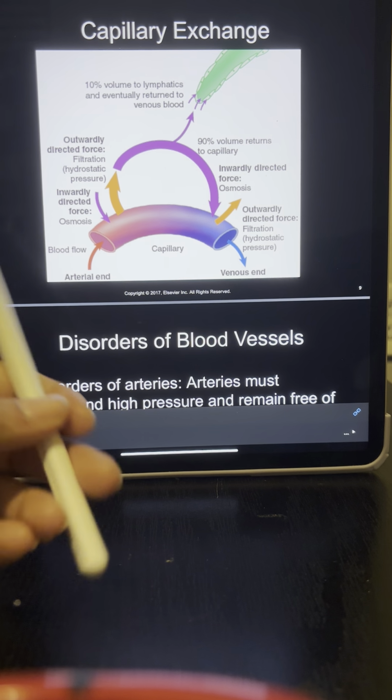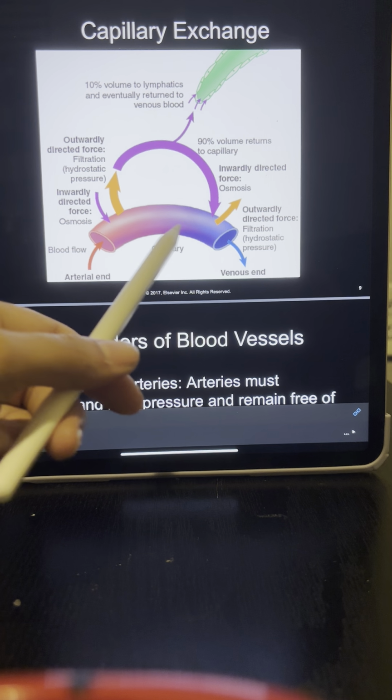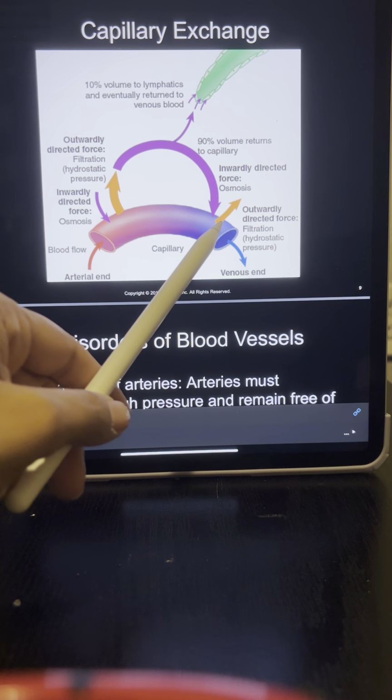Okay, so we go from the heart to the aorta to the artery to an arteriole. Here, this is where water by osmosis is being pushed in, and things are being pushed out. And you're going from the artery to the arteriole to the capillary right here where gas exchange happens. And in here, again, osmosis, and oxygen has been taken up.